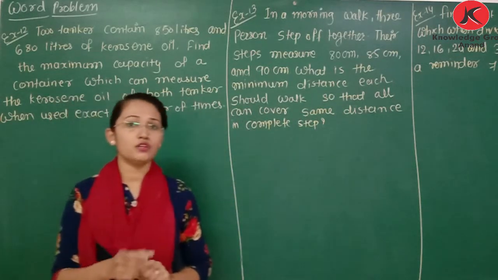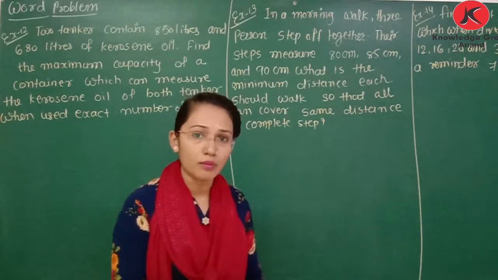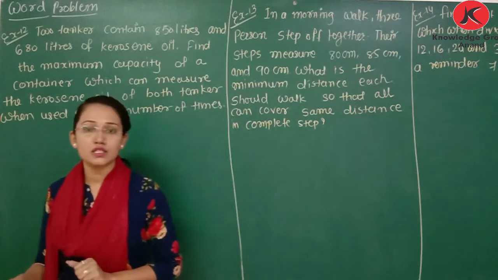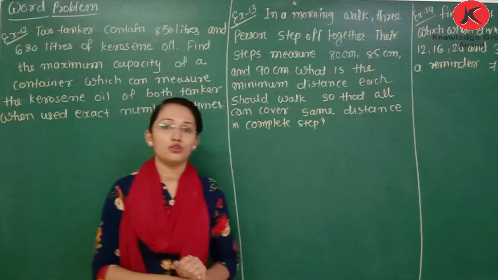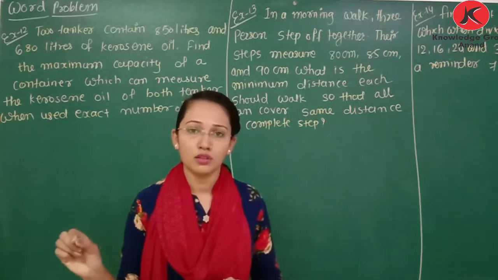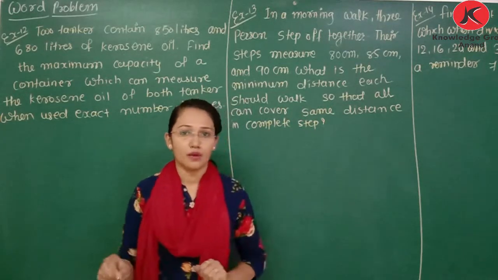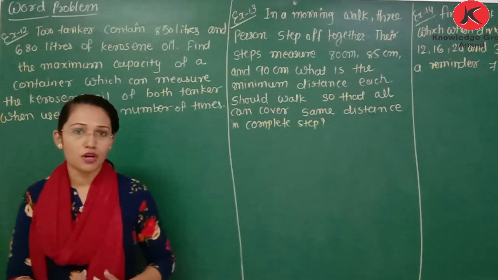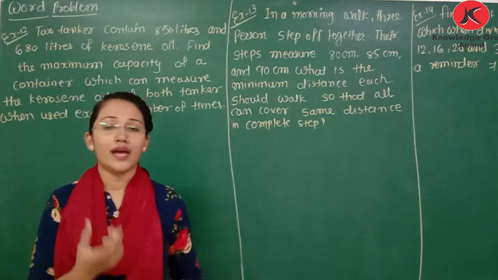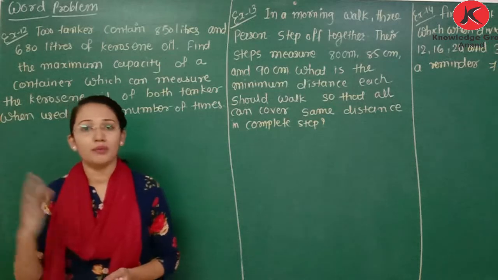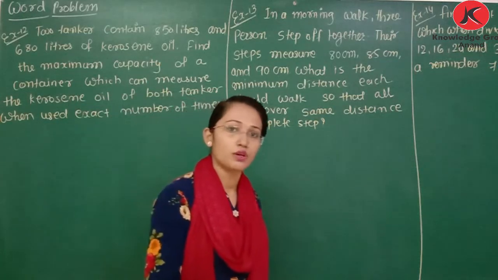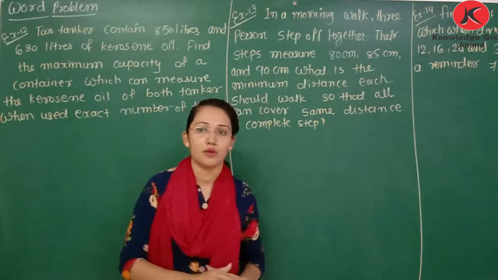And if the word you find in a statement is minimum, lowest, least, smallest, it means you need to find the least common multiple, that is LCM. Okay, જો તમને maximum word હોય, highest word હોય, then you need to find HCF, and minimum, lowest, smallest word હોય તો તમારે શું find કરવાનું? LCM.